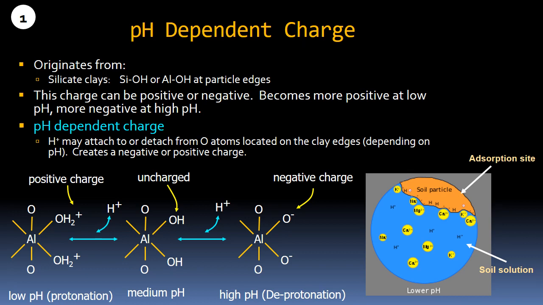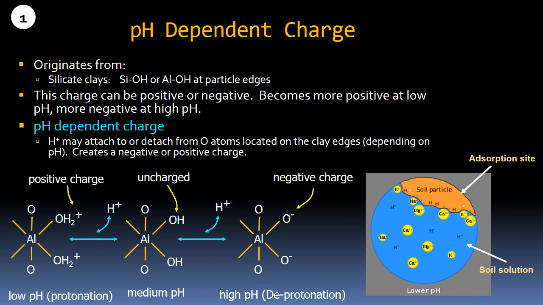So what happens then with the pH and the octahedron, for example? As the pH increases, the concentration of hydrogen in the soil solution decreases. And as it decreases, what happens to the OH that is attached to the octahedron?